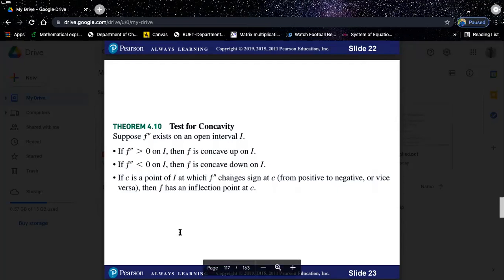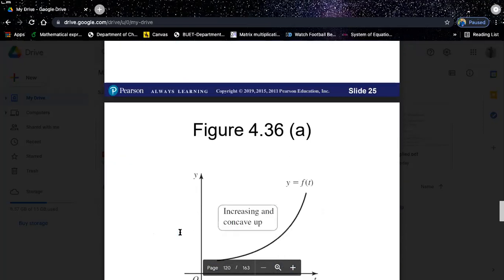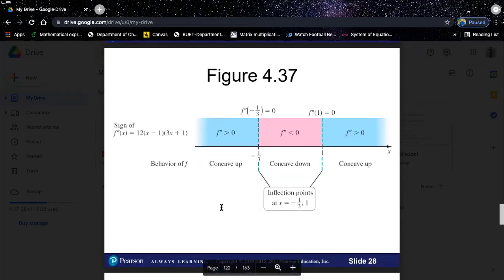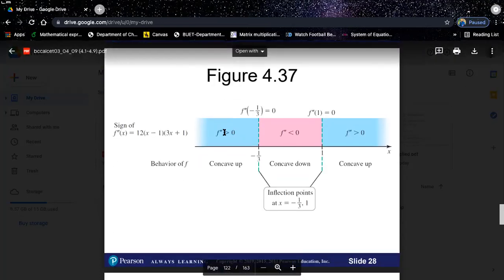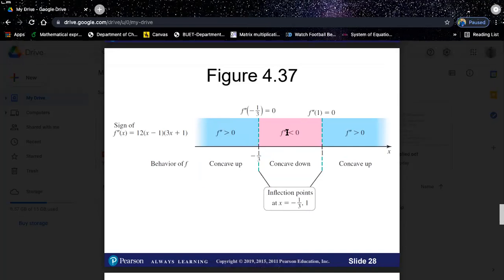And if there is a point where the second derivative changes its sign, then we say it's an inflection point, right? So it was concave up since it's positive, it's concave down since it's negative, and it's changing its concavity here, right? So that means it is an inflection point.